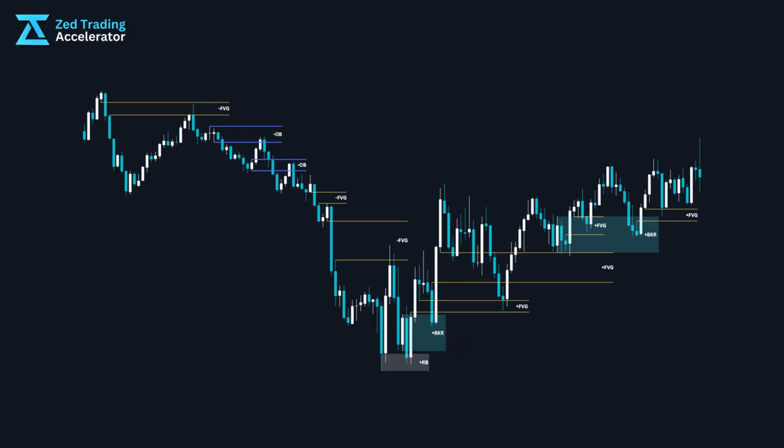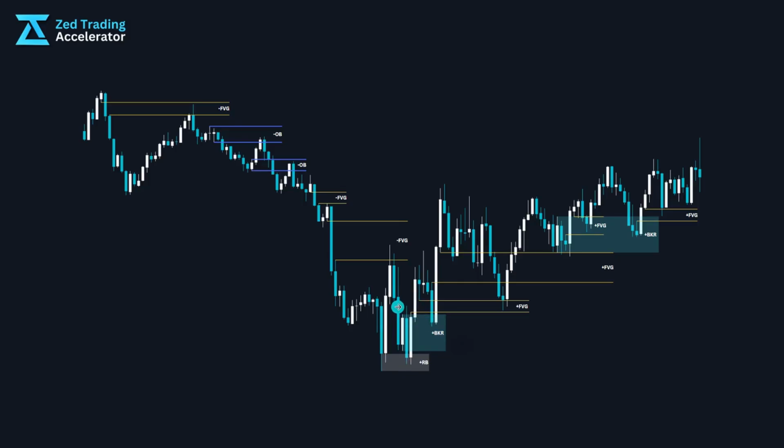But since price respected this rejection block, this wick right here, it means it will now reverse higher. It will now go into the other side of the market. Price went lower, respected this rejection block, and has now shifted higher.